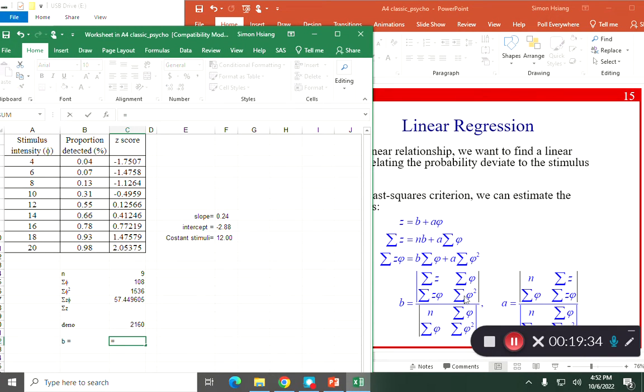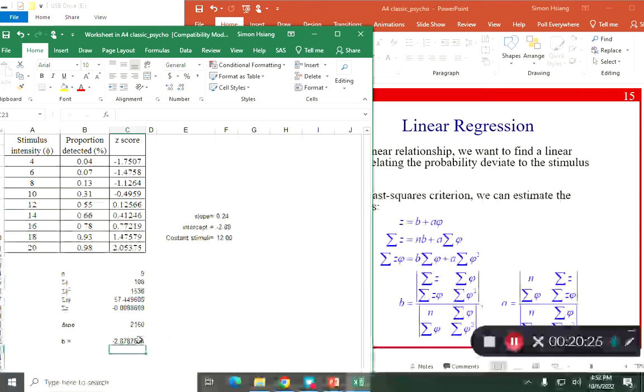My B term is equal to summation Z times summation phi square minus summation phi times summation phi Z, or Z phi, and this whole thing needs to be scaled by the denominator, which is this guy.